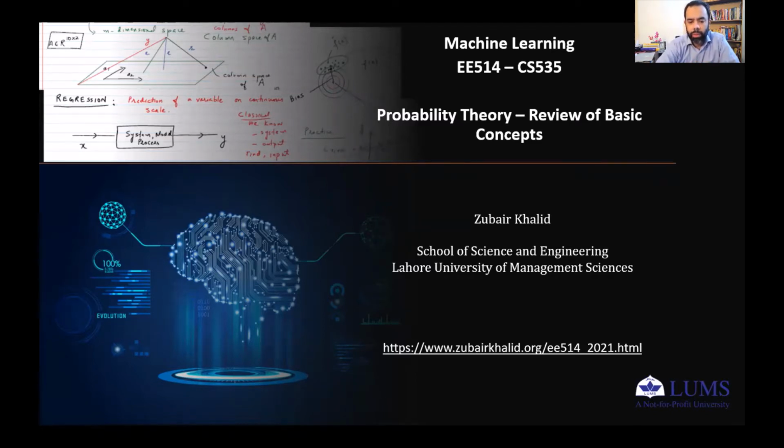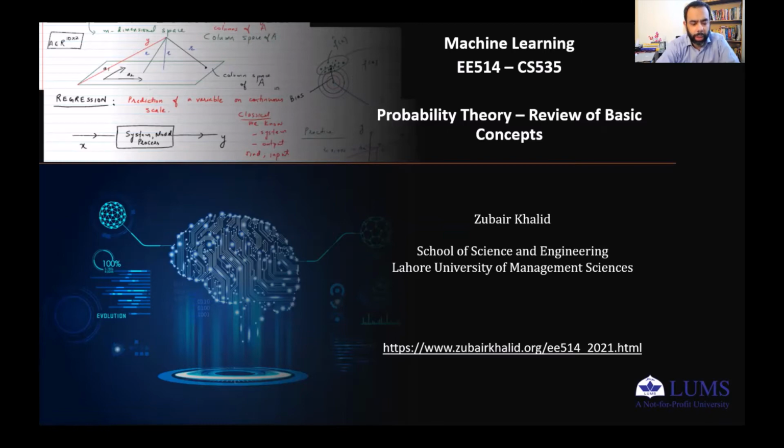So we'll cover some very basic concepts such as probability model, random variable, the notion of joint probability, the concept of conditional probability, what do you mean by probability mass function, what is probability density function, and so on and so forth.